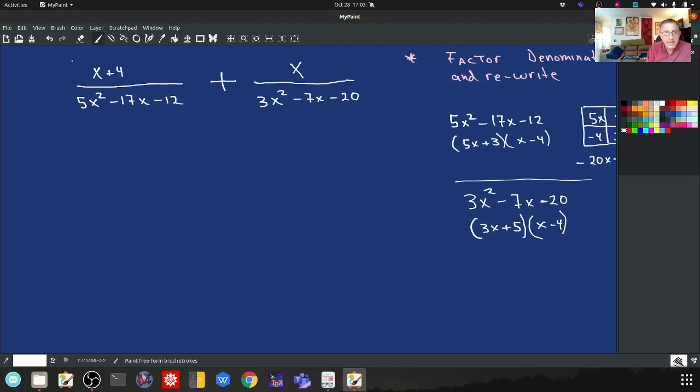So this is the same as x plus 4 over 5x plus 3 times x minus 4, plus x, it is plus indeed, over 3x plus 5 times x minus 4.